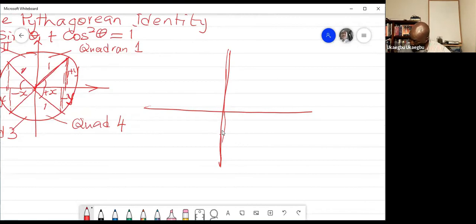You can call this quad 1, quad 2, and then quad 3, and then quad 4.